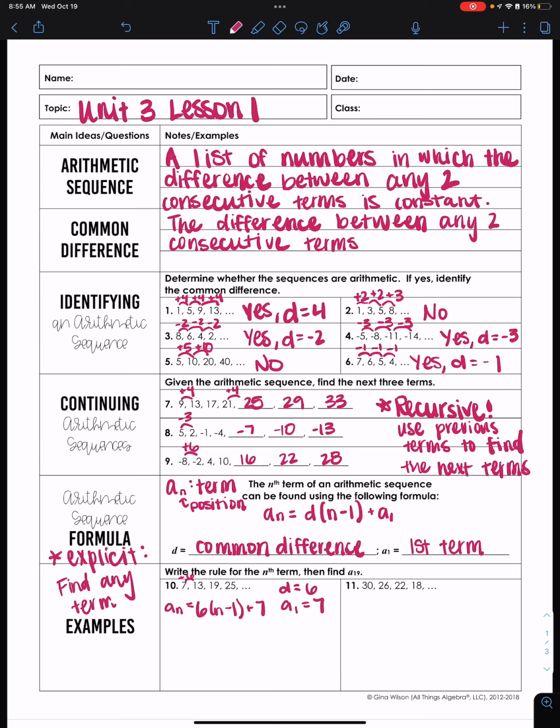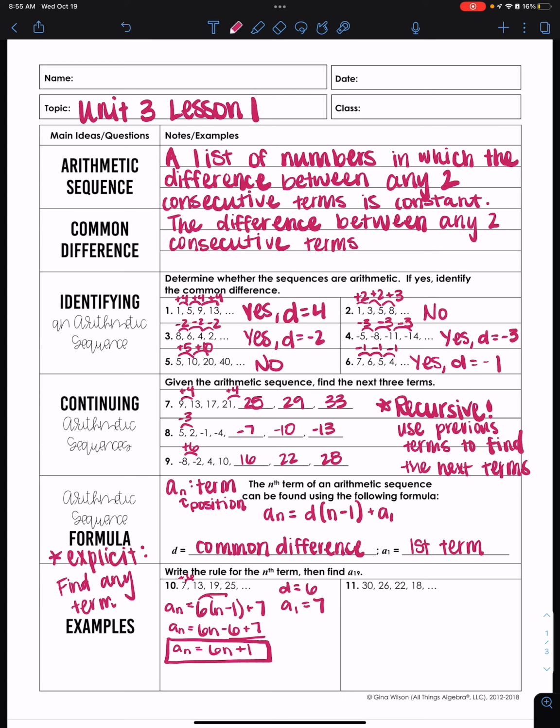And then we are just going to simplify this using what we learned in the first quarter. So distribute our 6. And then combine our like terms.